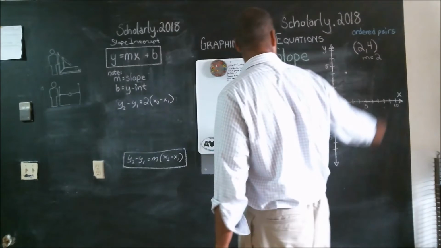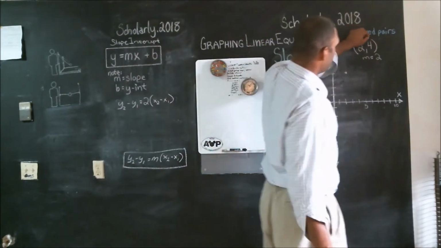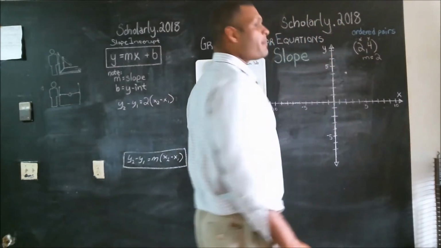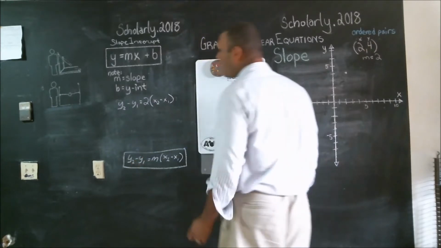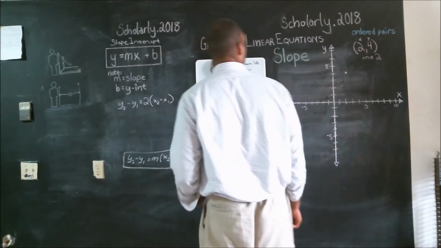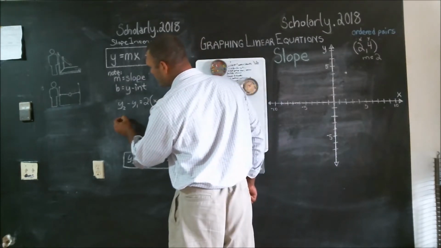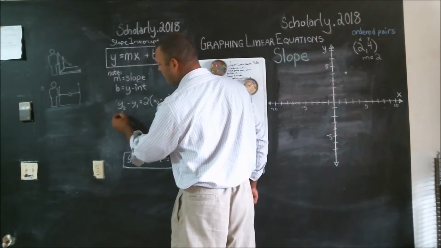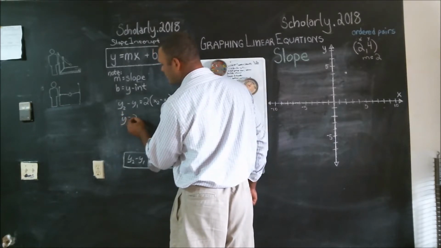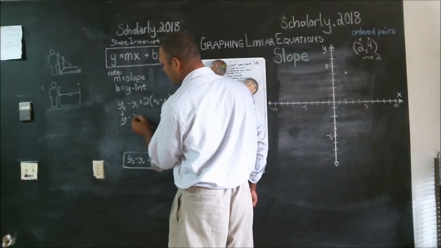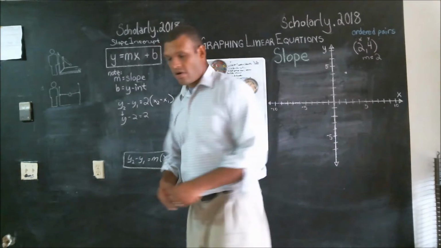Now we have points. We have an x and a y point, don't we? We have an x here and a y here. We can put these in anywhere. What we like to do is keep it on the initial side. So we have a 2 here. We'll rewrite this equation, bringing down this y. We'll just say y minus 2 equals 2. I'm sorry, we're wrong already.